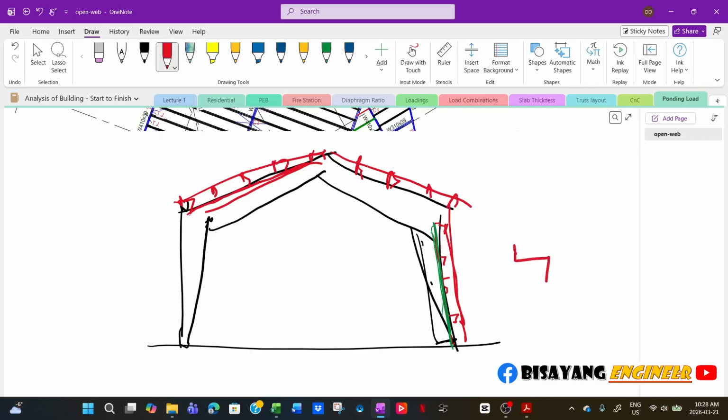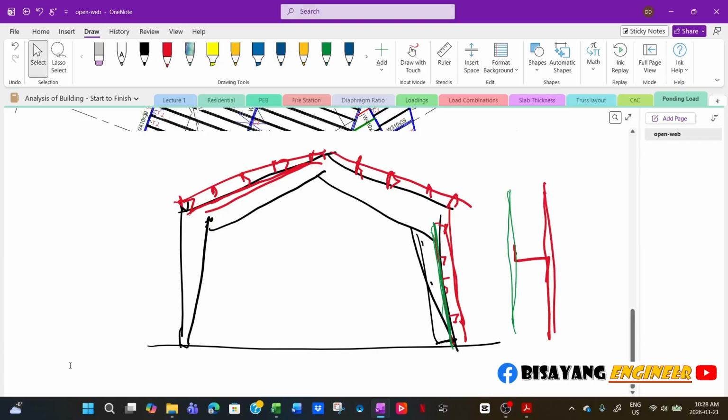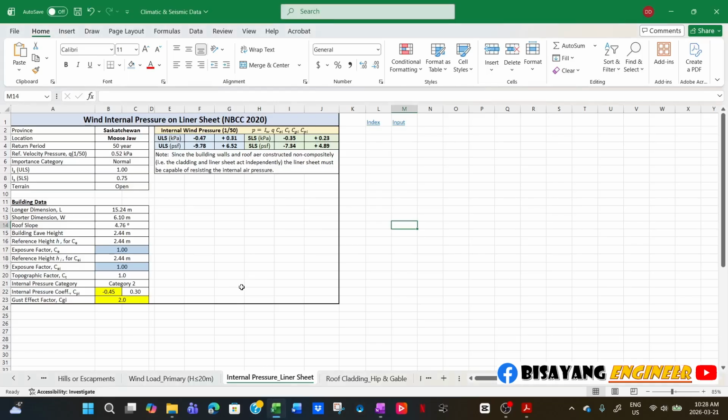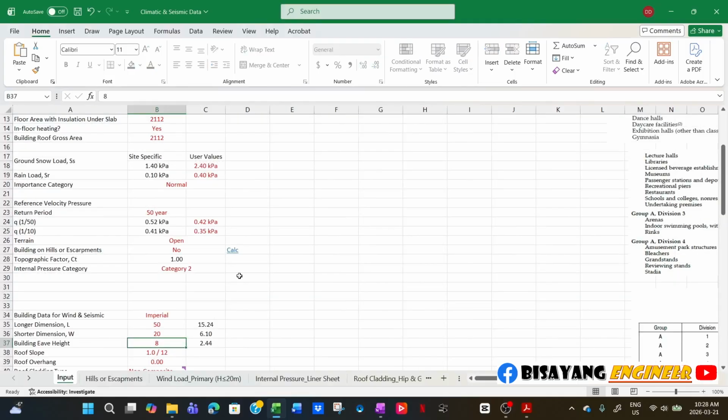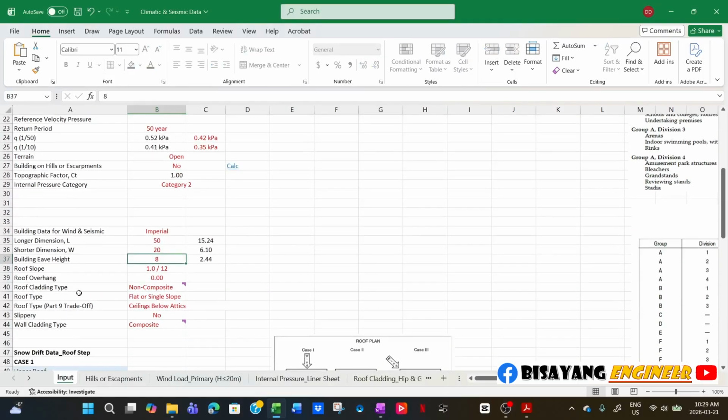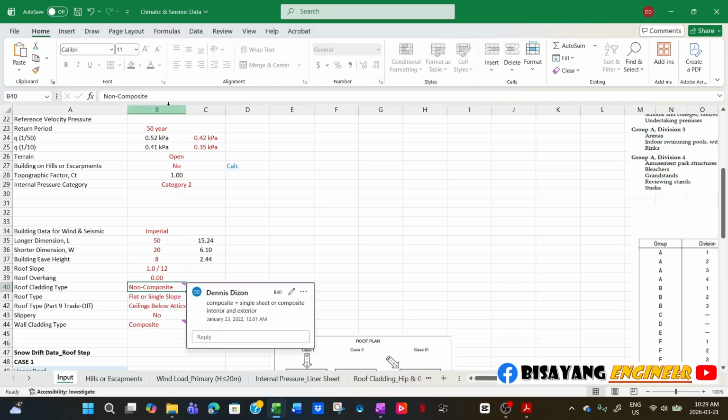This is your internal liner, and this is your exterior cladding outside. Now it is separated because, if you noticed, in my input I have here whether it is composite or non-composite.